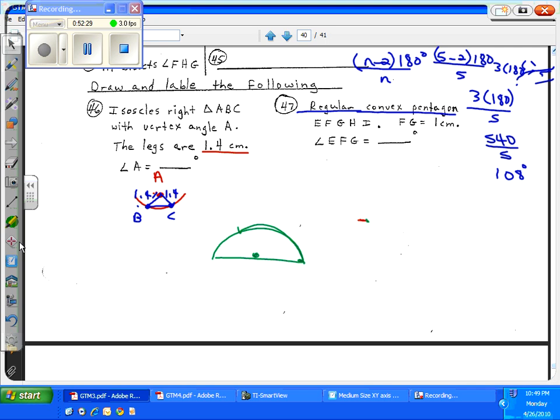So you would have to start here and go 108 degrees and draw that way. And you'd have to lay your protractor down and go 108 that way. And then you would measure 1 centimeter up and 1 centimeter up. And I'm not doing my 108 very good, but you understand.